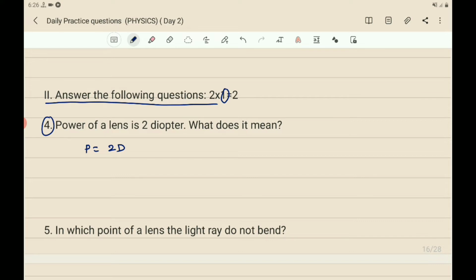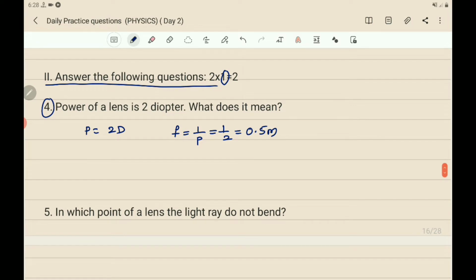And what is its focal length? So its focal length becomes f is equals to 1 by P, that is 1 by 2, that equals 0.5 meter. So how you can explain it? Power of a lens is 2 diopter. What does it mean?